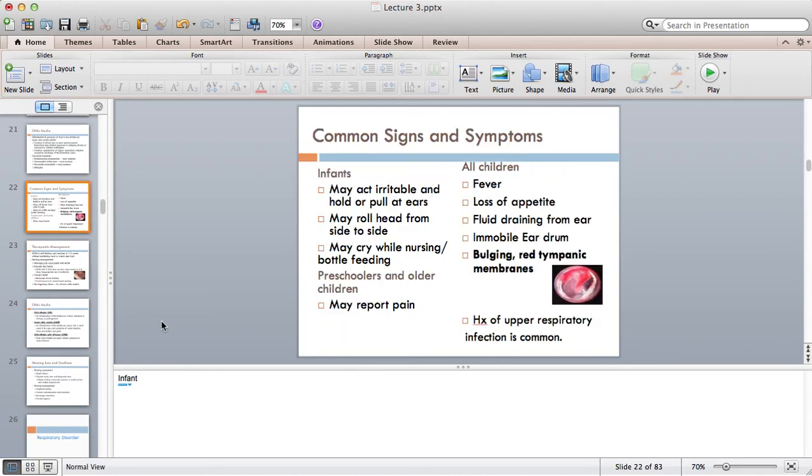When you look at their eardrum or their tympanic membrane, you see something like this, very bulging and red. So, that's the type of things you see.